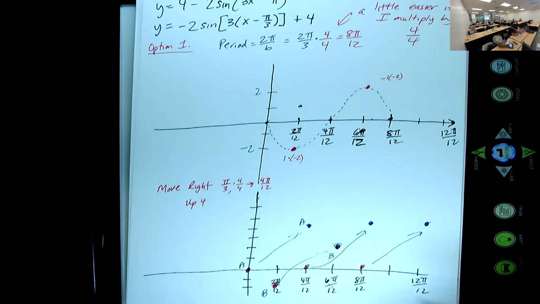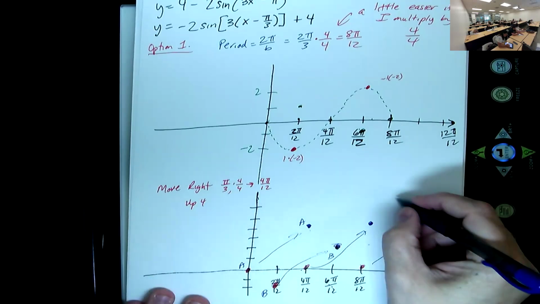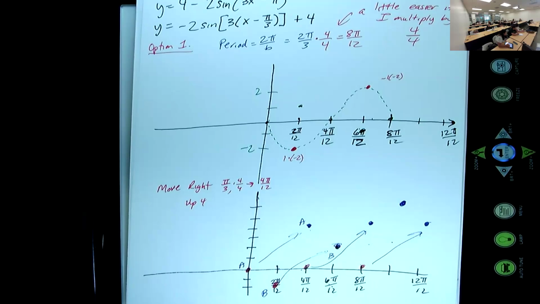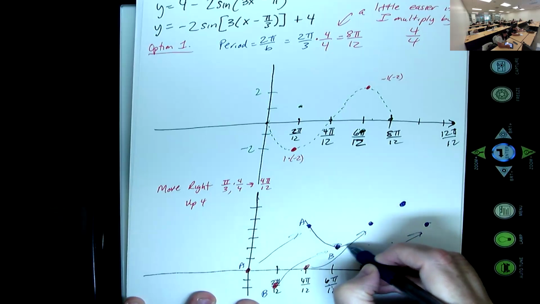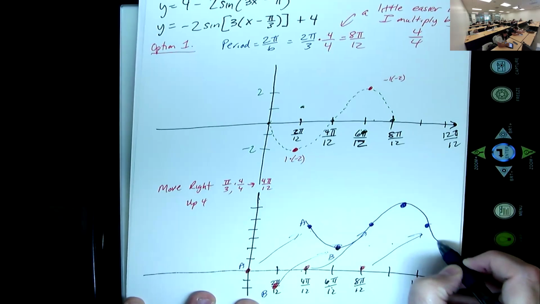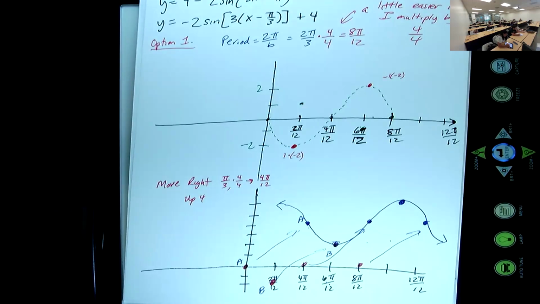Finally, the 6 pi over 12 goes right 4 pi over 12 and up 4, which is right about here. It takes a little bit of work, I know.